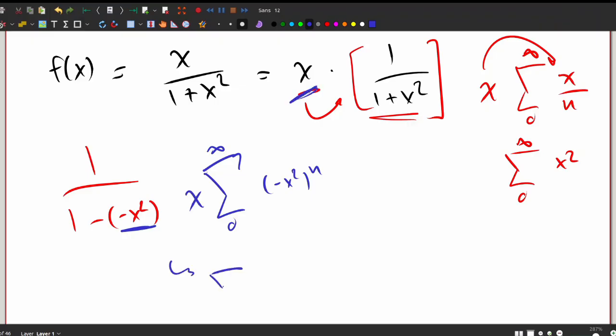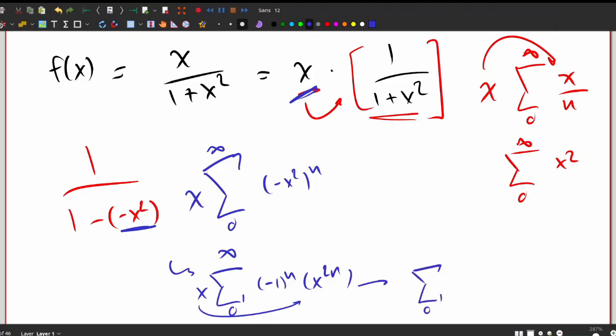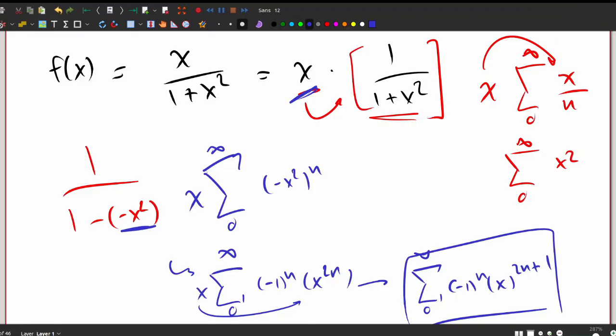This becomes the sum 0 to infinity x times negative 1 to the n, x to the 2n. Now, when I move the x back in, all I have to do is add 1. So this becomes the infinite sum 0 to infinity of negative 1 to the n, x to the 2n plus 1. And this is our power series representation of this function.